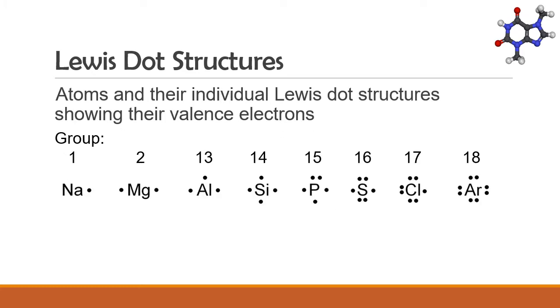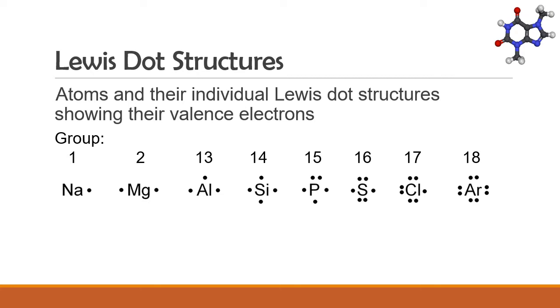We can represent the valence electrons of atoms by drawing dots around the element's name. In this example, we have taken representative elements from certain groups of the periodic table. We learned in Module 3 that an element's group number tells us how many valence electrons it has. For instance, Group 1 elements like sodium have 1 valence electron.